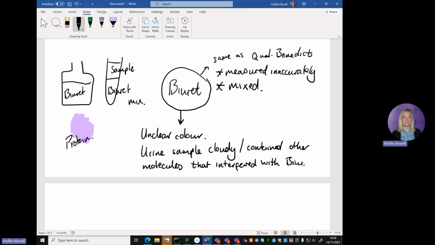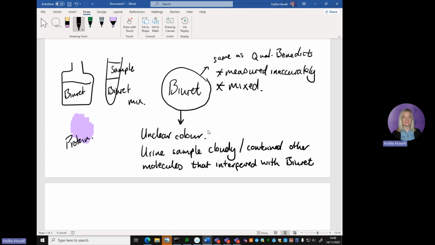Okay, so it might be the case here that there would be another experiment that's better, because Biuret actually didn't work very well with our urine sample because there was obviously something in the urine that was interfering with the colour and it didn't make a very clear purple. So we didn't get a very clear result.